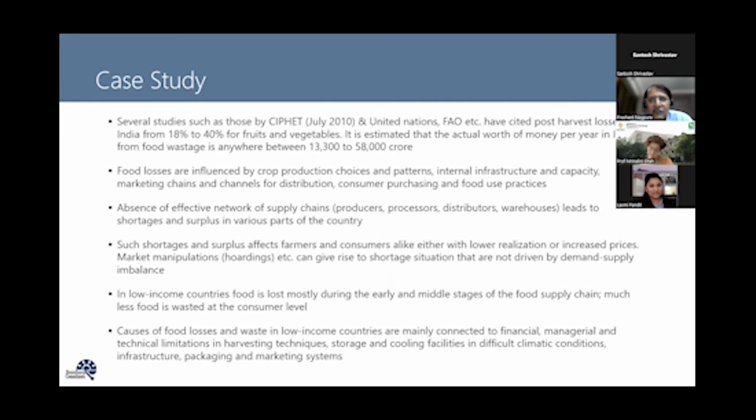This is way back in the 2014-15 timeframe. I hope improvements in logistics infrastructure are alleviating some of this, but this was the initial study that came out from CIFET.